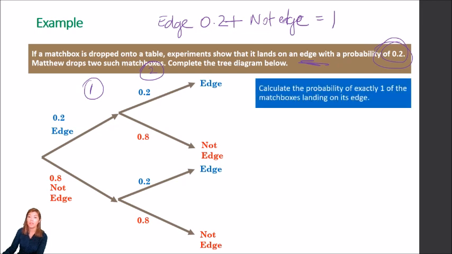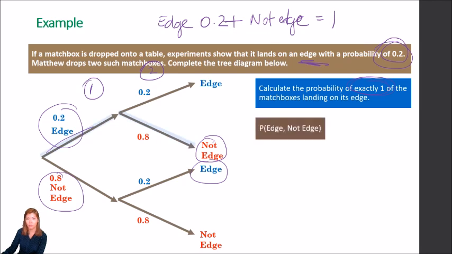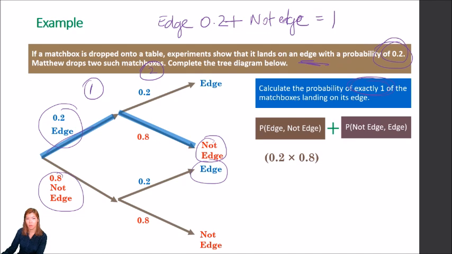Calculate the probability of exactly one of the matchbox landing on its edge. So we want edge and not edge, or we want not edge and edge because we said exactly one of them being edge, not both. And remember, going down the tree diagram, we multiply.